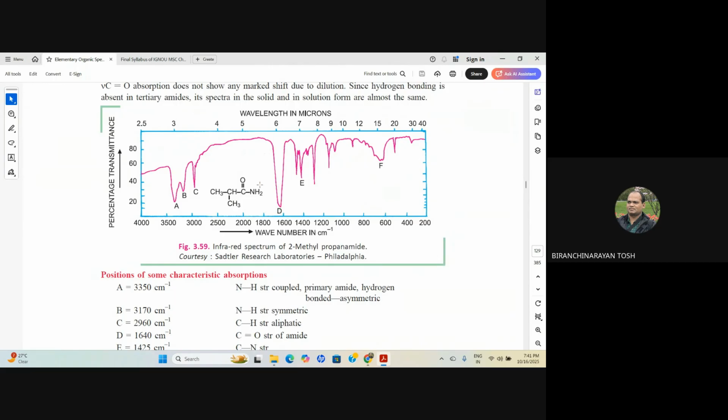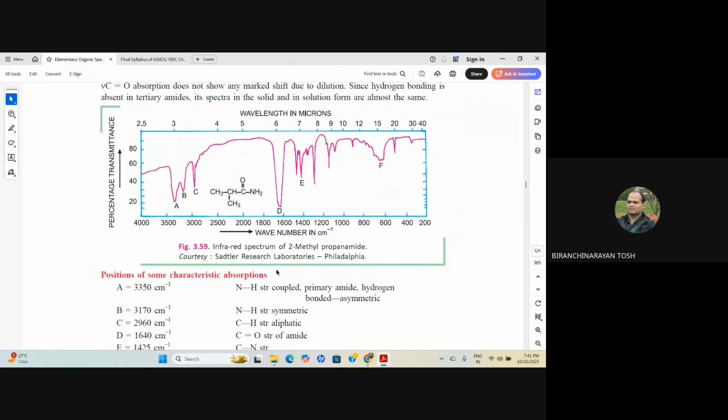In carboxylic acid, you will get peak A as OH stretching. Here it is NH, whatever I have shown here, because it is amide. But in carboxylic acid, COOH, the OH stretching you will get at A, around 3200 or 3300.